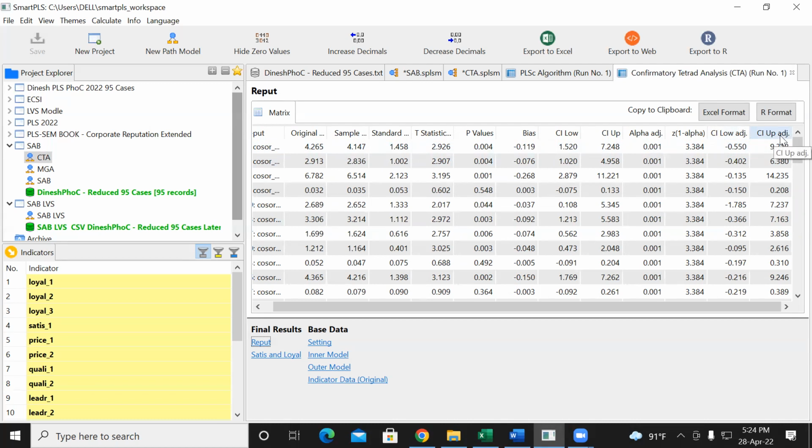Then you have to compare for the majority of the indicators. Here, majority of the indicators are there, right? This confidence interval low and upper include 0 or not.